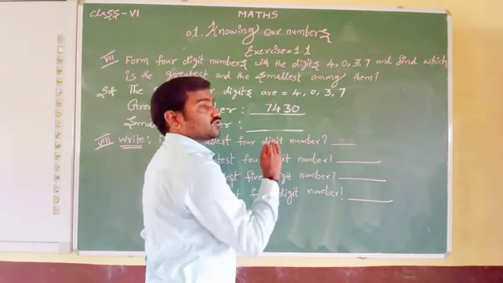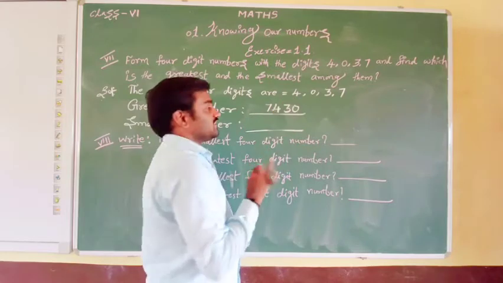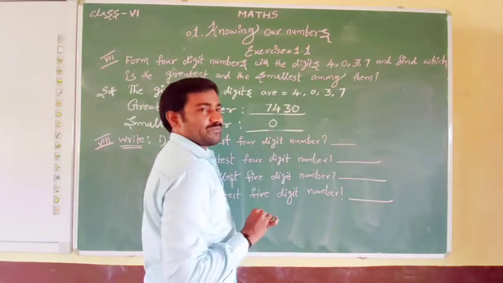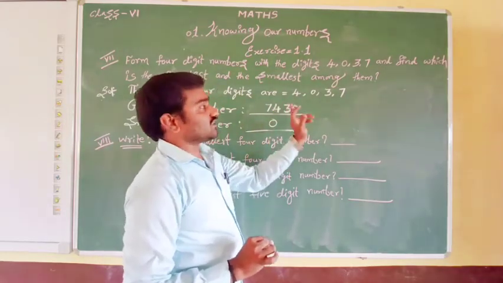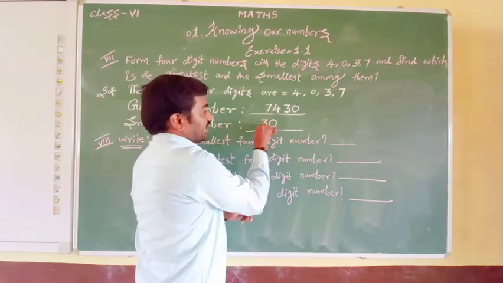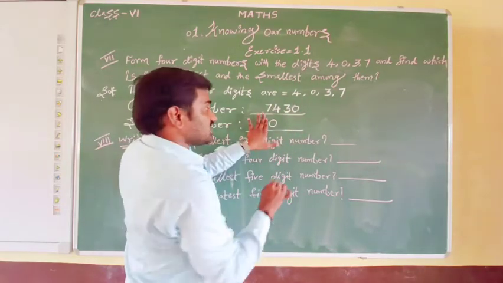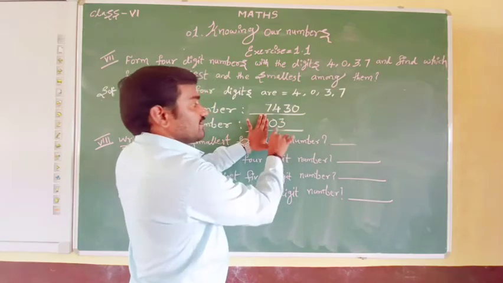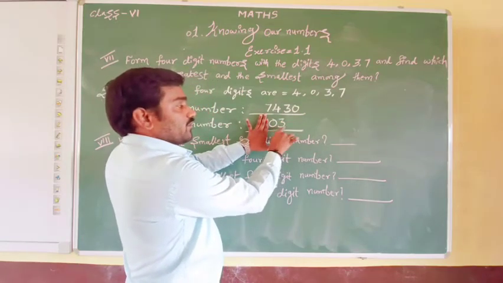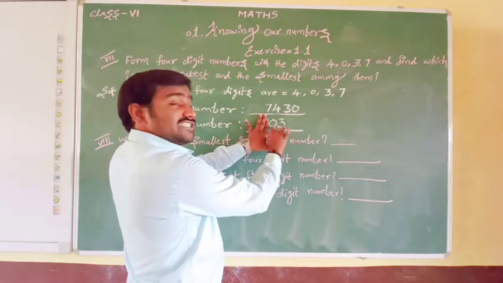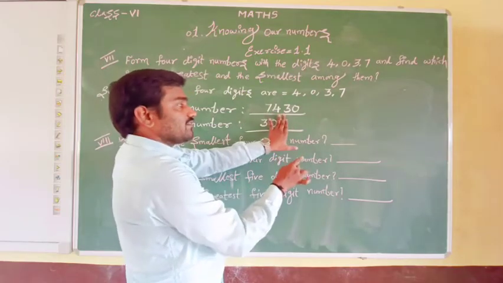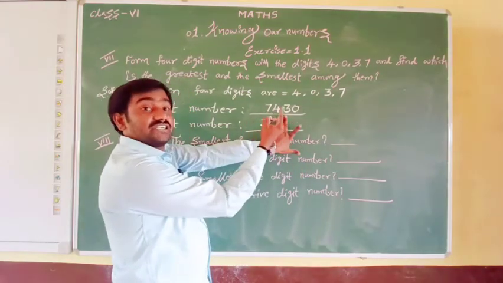Let's see, first you have to choose the smallest digit. The smallest digit is 0. But after the 0, what is the smallest digit? That is 3. You write the 3 here. Because if you write 0 then 3, it becomes only a 3. 0, 3 in the sense it is a 3 only. 3, 0, that is 30.